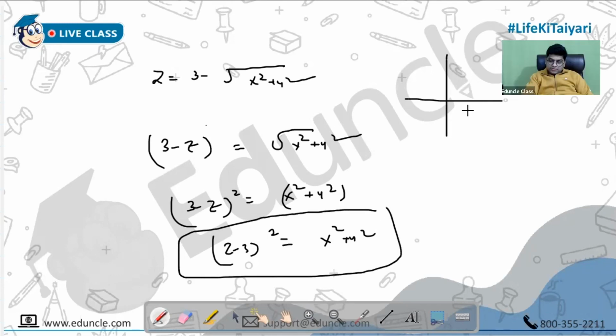So if you take this, z is equal to -3. This is the cone.